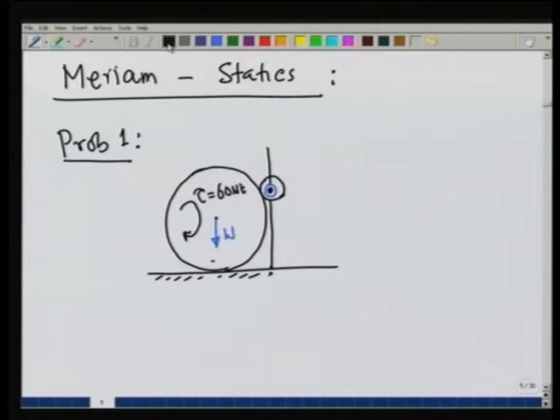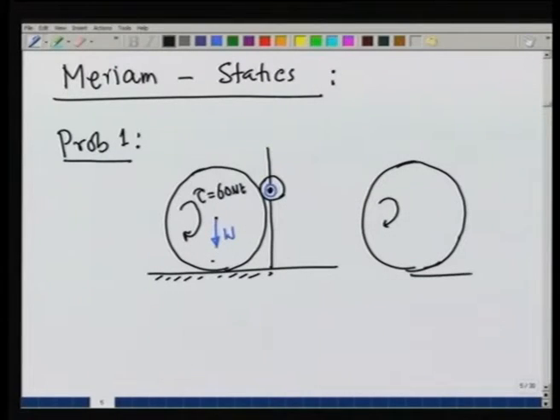Since the wheel does not move, therefore, it is a static equilibrium problem. There is a torque like this, wheel would have a tendency to rotate in counterclockwise direction, and therefore, there would be a frictional force generated like this. The other force would be provided where the roller is touching the force.